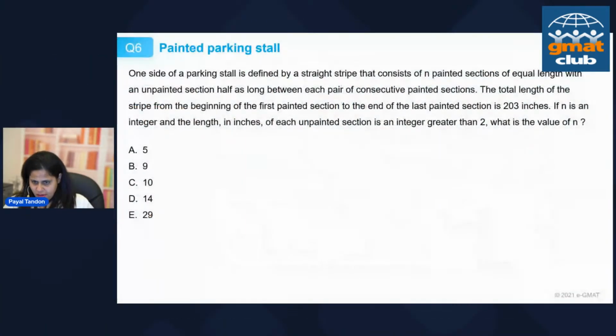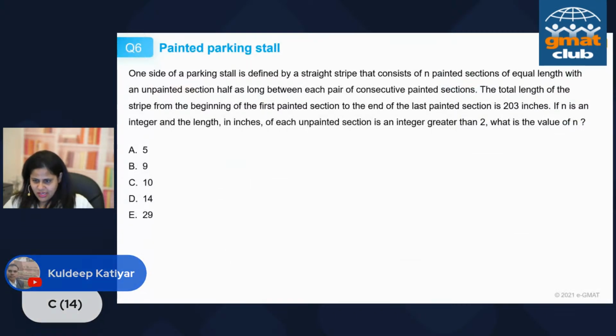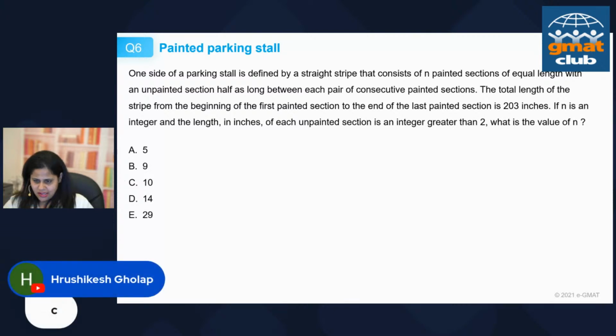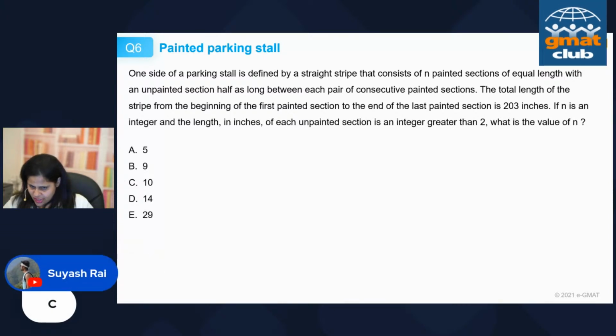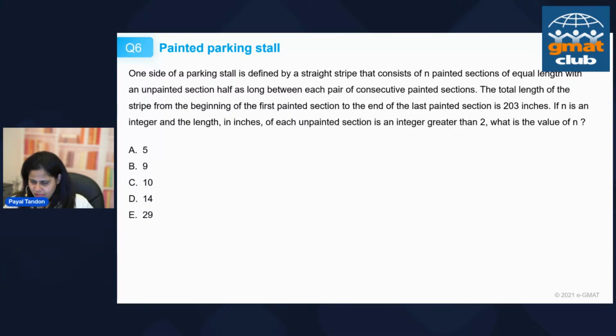Let me show you the question once again. Kuldeep is also saying C or D. Okay, let me share the screen here. So Kuldeep, you're saying D then, because 14 is D. Then I see another C, Rishikesh. Then I see Siyash is also C. Okay, good. All right, the correct answer is choice C.